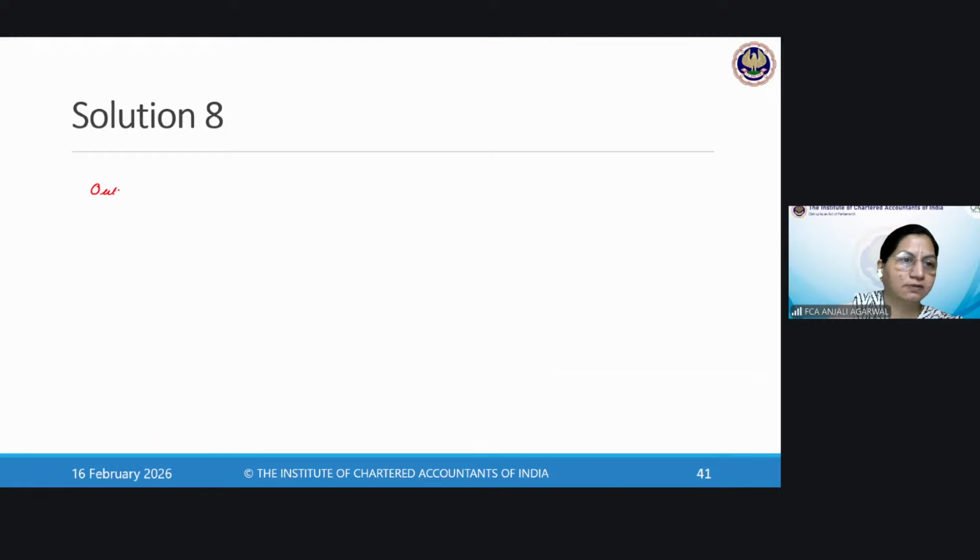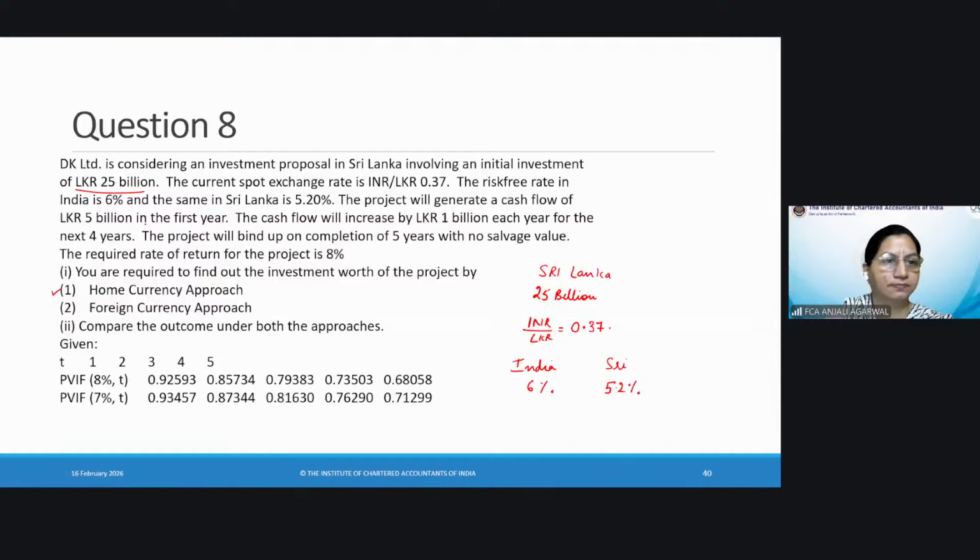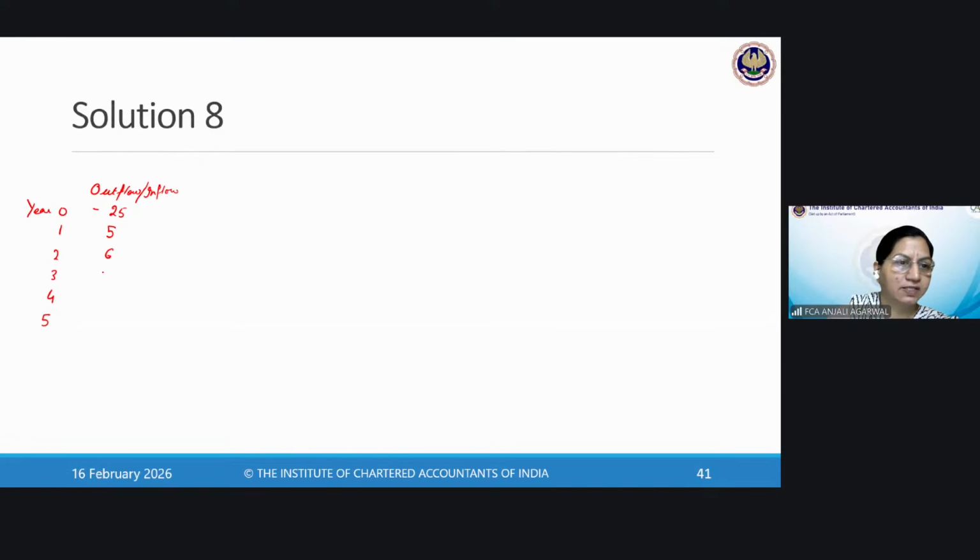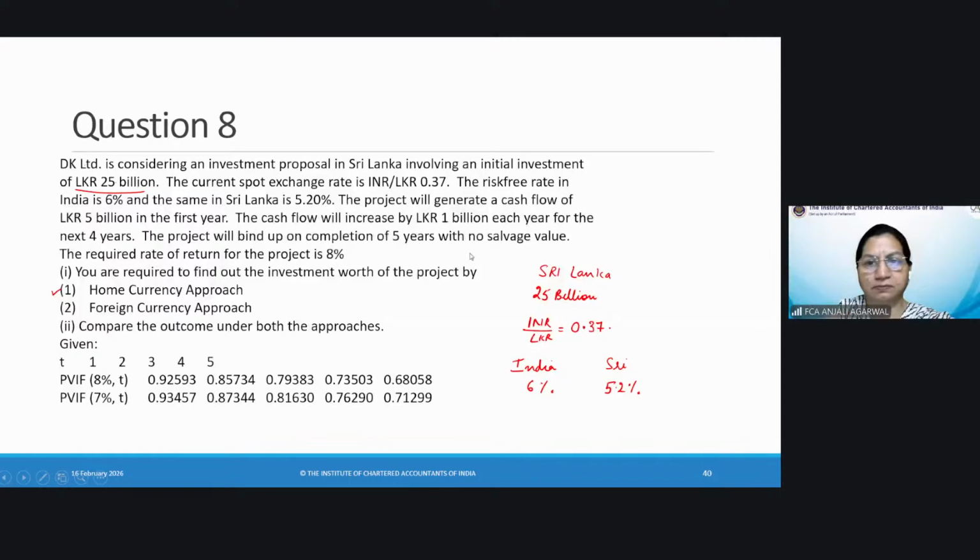So outflow is year 0, 25 billion, but it is going to give you 5 billion in the first year. They will increase by 1 billion each year for the next 4 years. So 5, 6, 7, 8, 9. And no salvage value from the project.